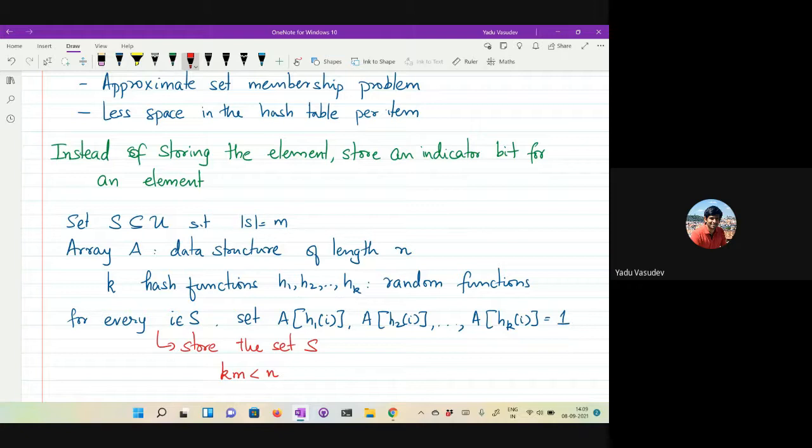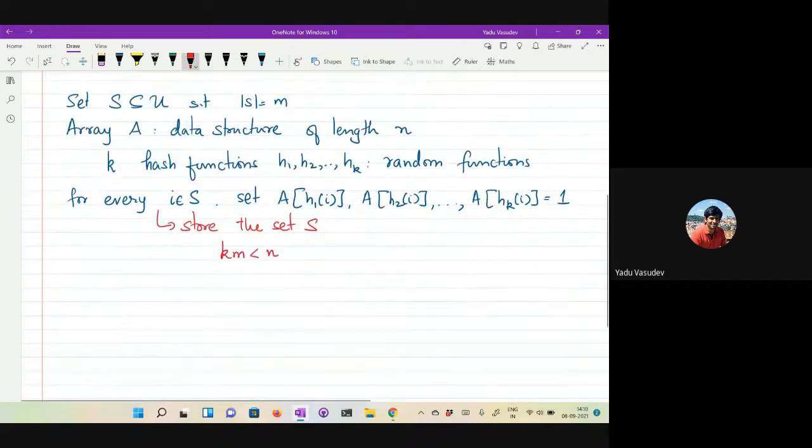So we'll assume this for now. All right, so this is for storing the elements.